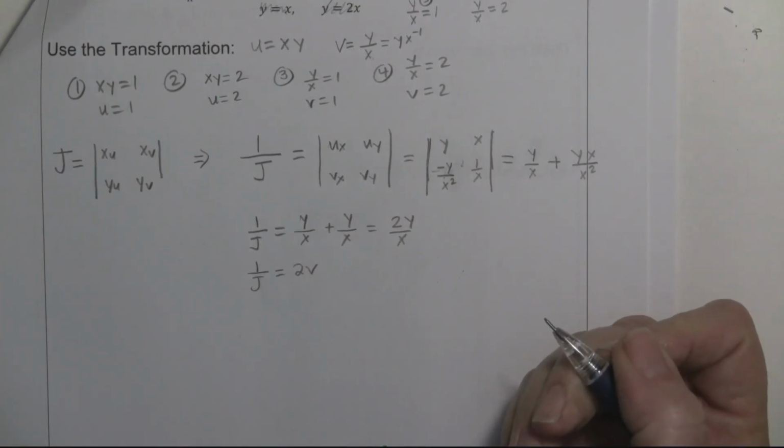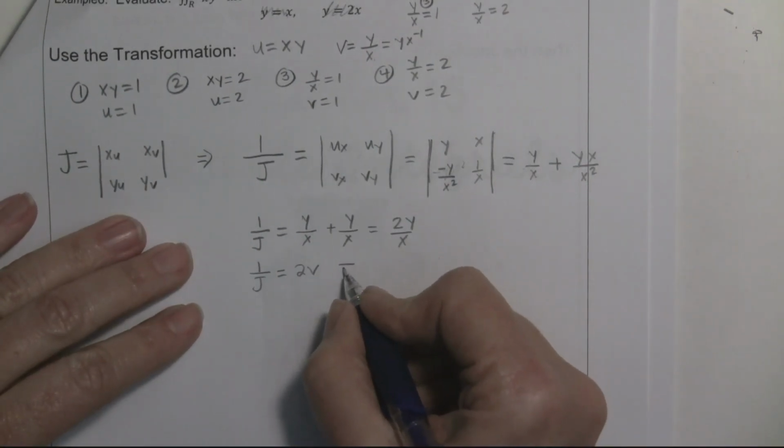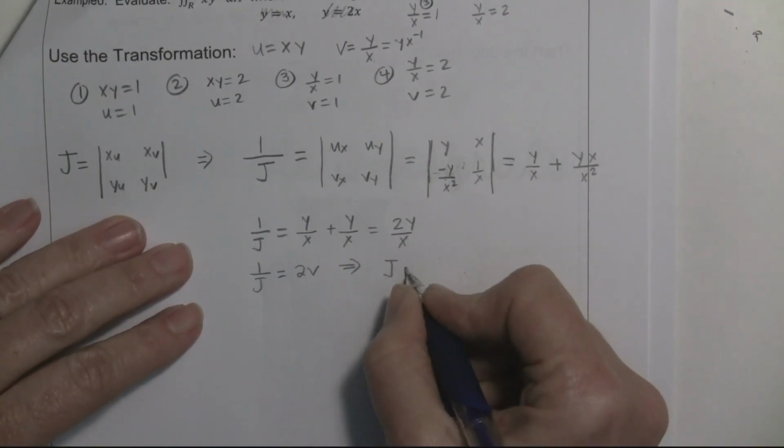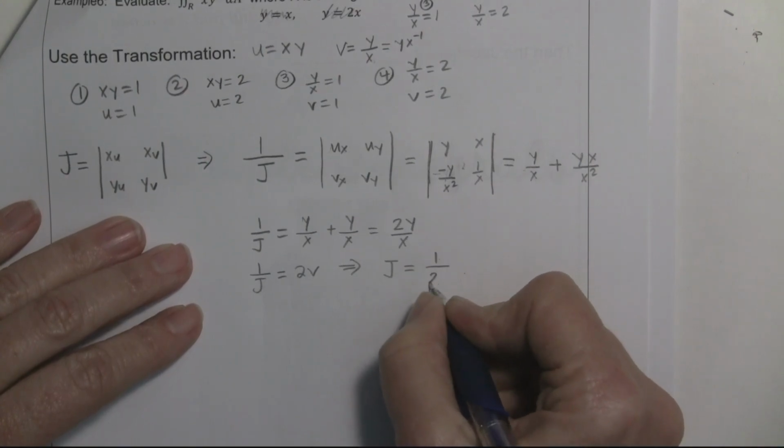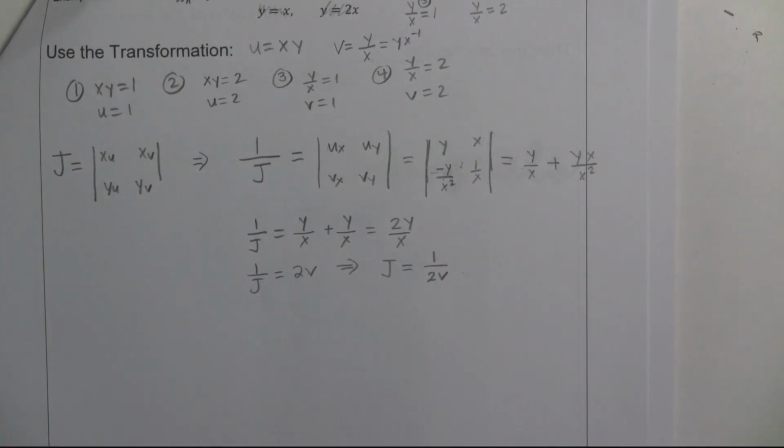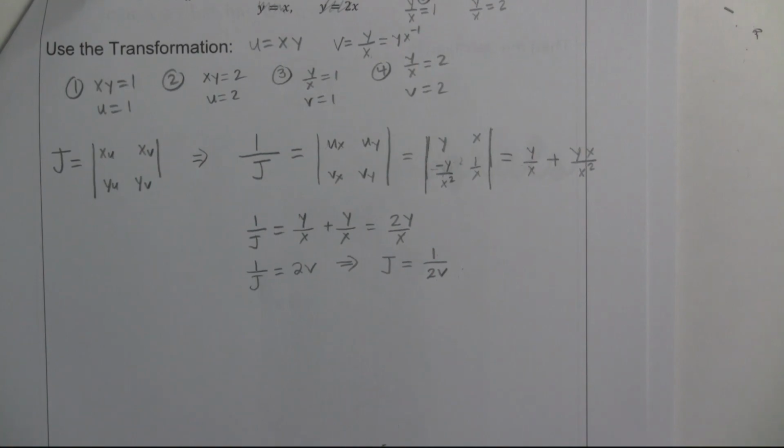Now I want to know what J is, so that means that J, the Jacobian, is 1 over 2v. Is that okay? Because when I start to put this stuff in, I want no x's, no y's. That worked out pretty nicely.